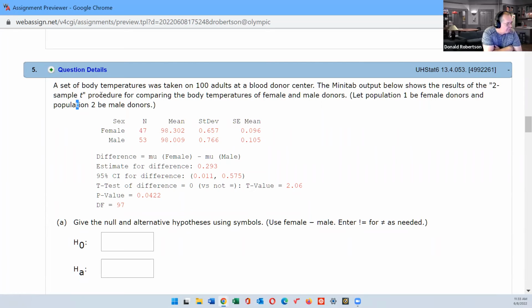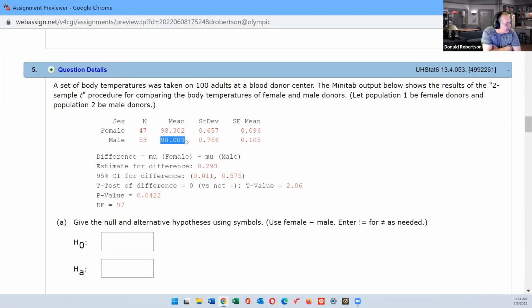And it shows the output from the results of a 2-sample t procedure, comparing the body temperatures of females against males. Population 1 is going to be the females, which just makes sense, it's the top row. And population 2 is going to be the males. So let's see, if you just look at the mean body temperature, women are a little bit higher than men.